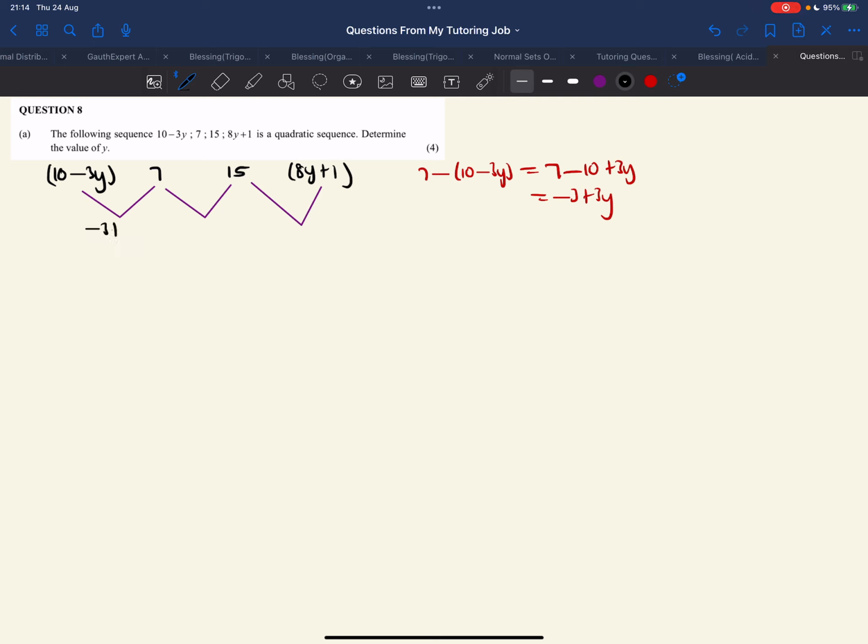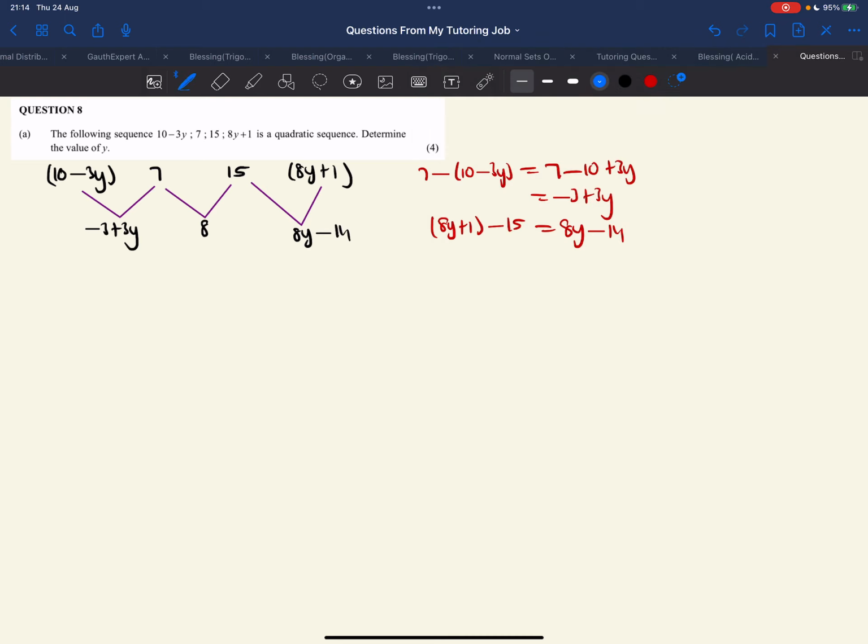Then the difference between 15 and 7 is gonna be 8, right? And then another one, the difference between 8y plus 1 and 15, it will be 8y minus 14.